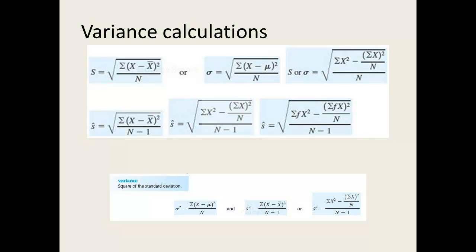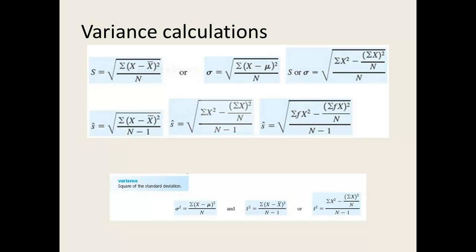So if I gave you an example where I told you the standard deviation was 2, and I asked you for the variance, the answer would be 2 squared, or 4. If it were 16 for standard deviation, then you would take 16 squared, 256, for the variance. Altogether, really very straightforward.